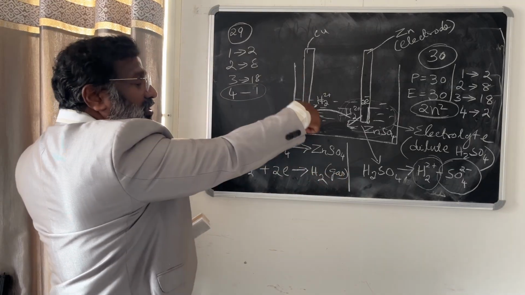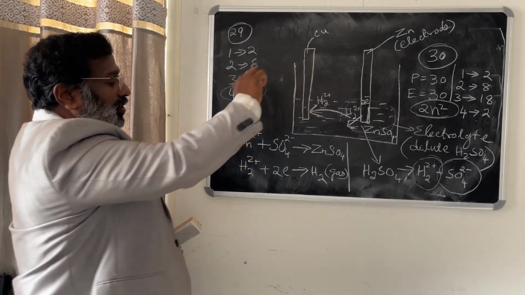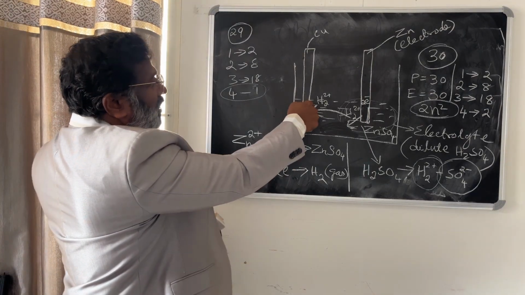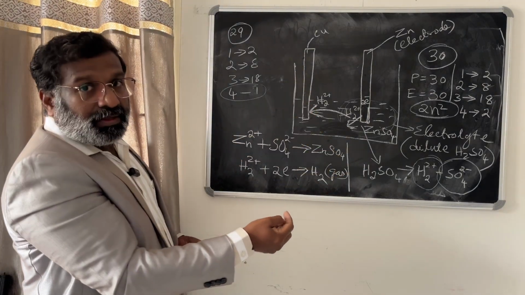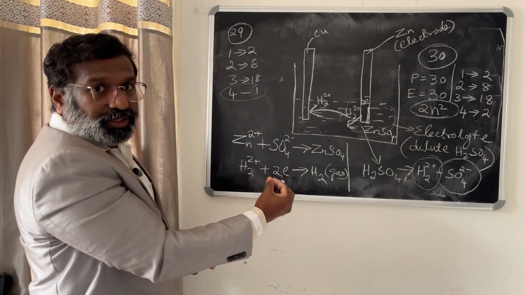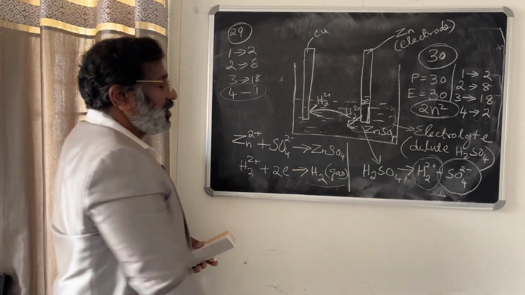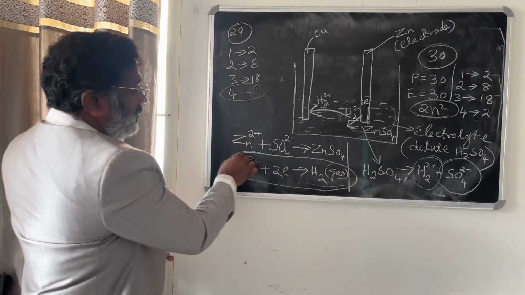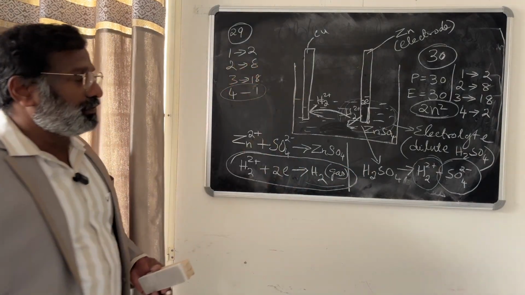Hydrogen gas is released at the copper electrode, and these 2 electrons come from copper. So this is the reaction which takes place at the copper electrode.